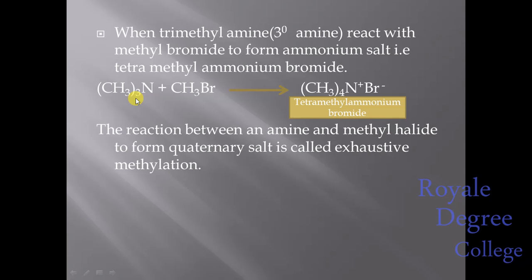It is reacting with methyl bromide. So we are getting this addition compound, CH3 taken 4 times N plus Br minus, tetramethyl ammonium bromide, which is nothing but ammonium salt. The reaction between an amine and methyl halide to form quaternary salt is called exhaustive methylation.